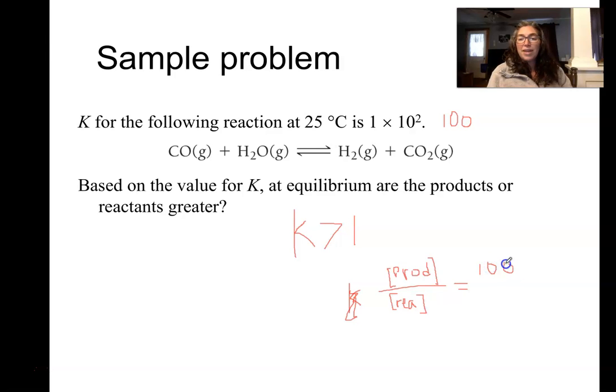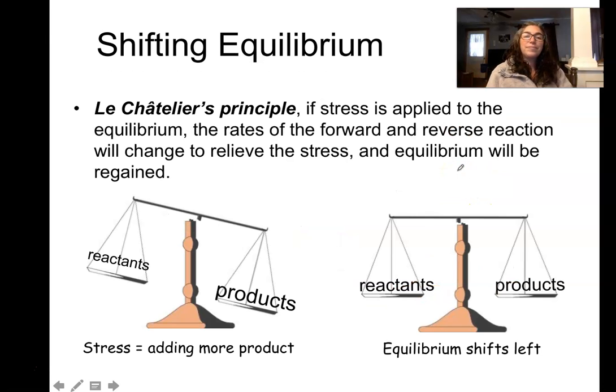That is literally what that number means. So that means that the products predominate at equilibrium. There's 100 times more products than there are reactants at equilibrium. So any number greater than 1 is going to tell us that products predominate.